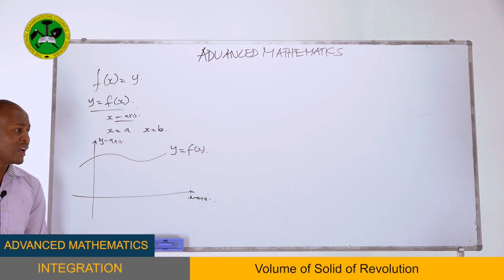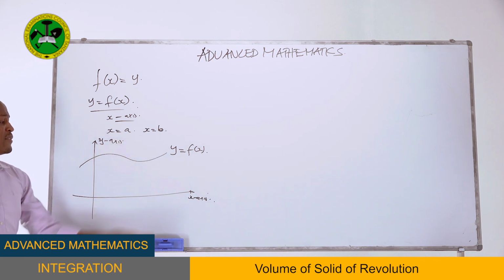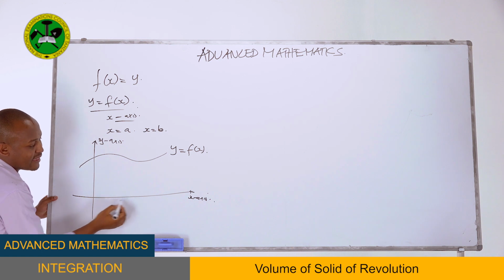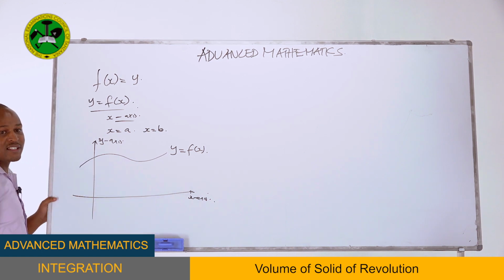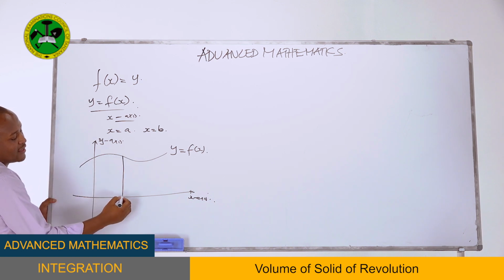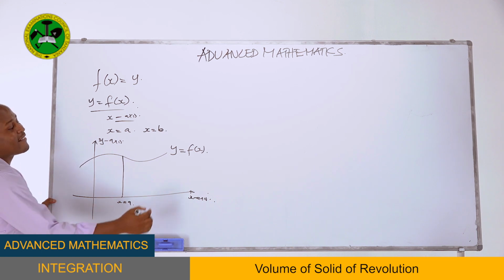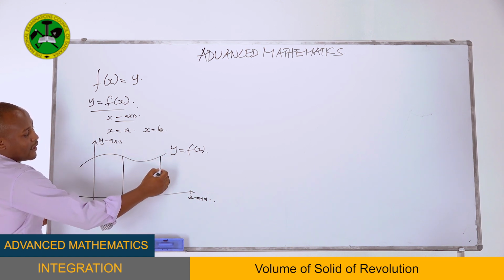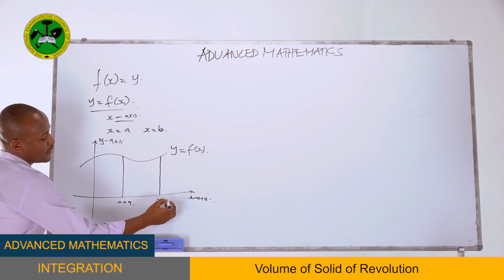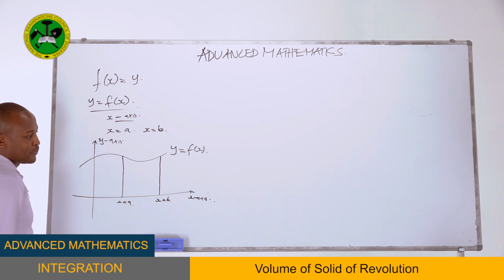Now, as I said earlier, this graph is bounded by the x-axis, and there is our x-axis. And also we have two vertical lines, one of those is x is equal to a, and we have another vertical one, that is x equal to b.